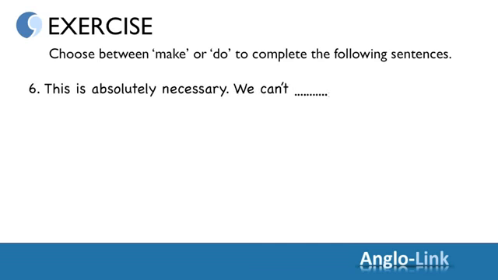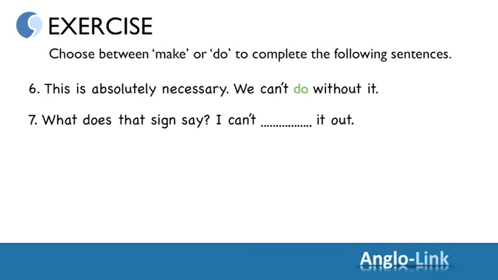Number 6. This is absolutely necessary. We can't without it. We can't do without it. Number 7. What does that sign say? I can't it out. I can't make it out.